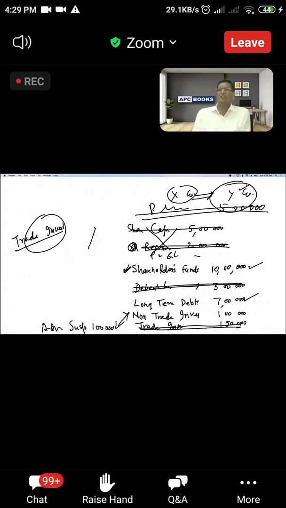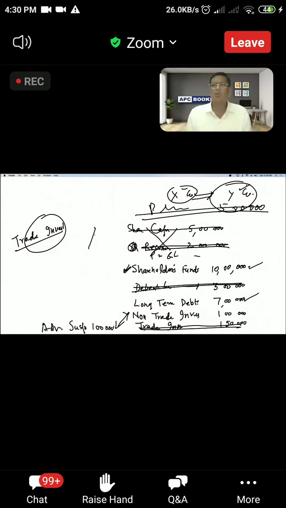Following the liability side approach, non-trade investments: suppose X company has invested in other companies, in Reliance Industries, then they are non-trade investments. They will be deducted. But trade investments will not be deducted.